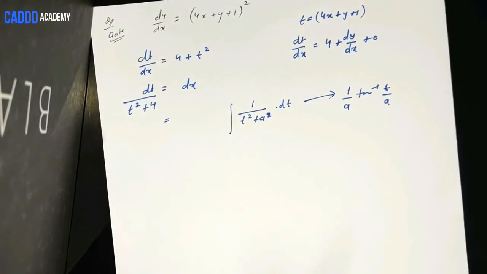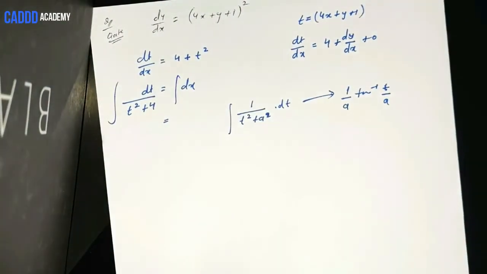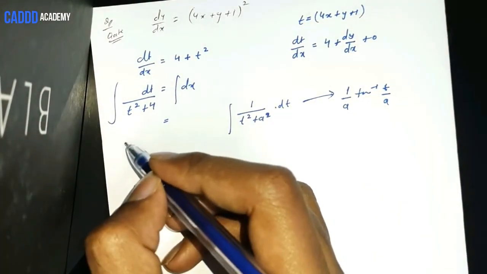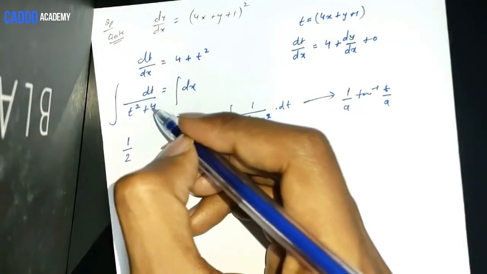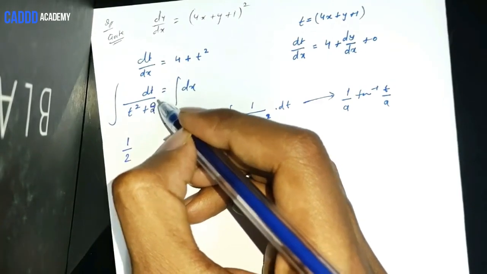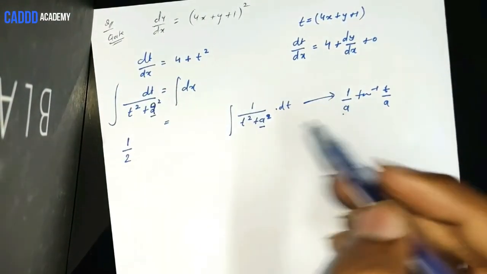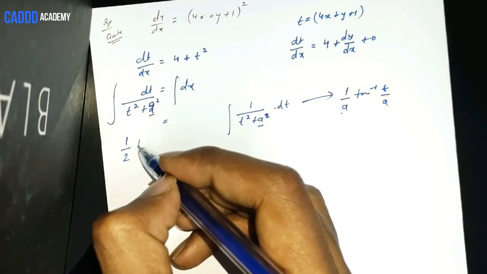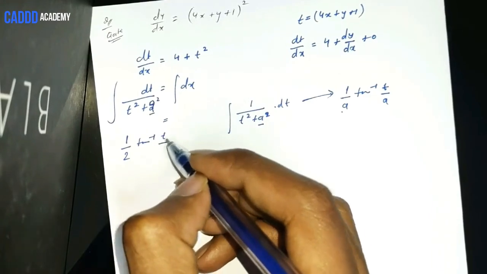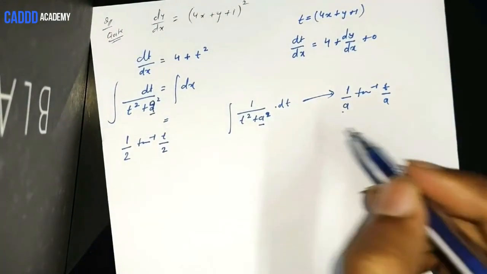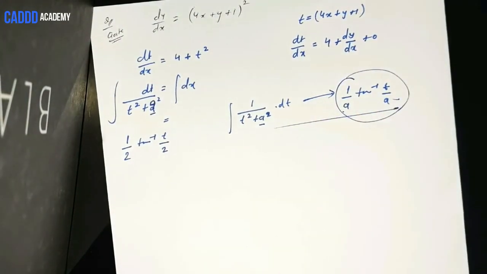So let's integrate both sides. We have 1 by 2, because we can write it as 2 square, so a is 2. So 1 by a, 1 by 2, tan inverse, t by a. By comparing with this formula we get this value.